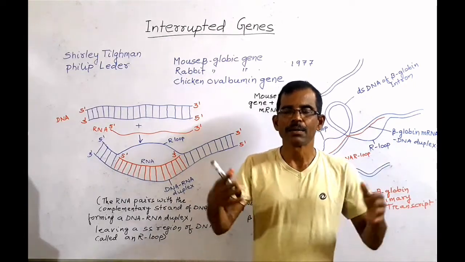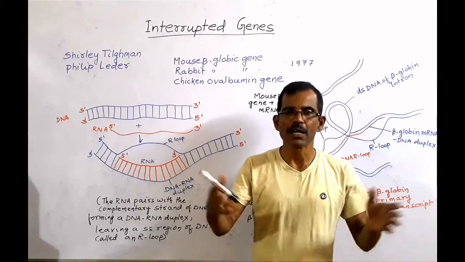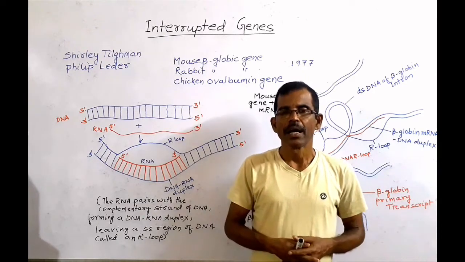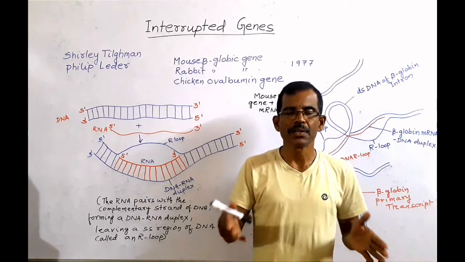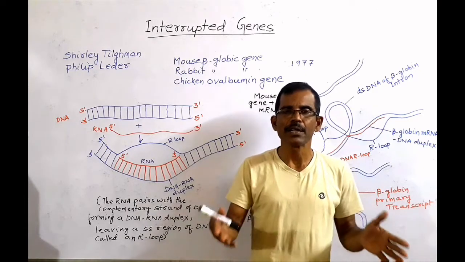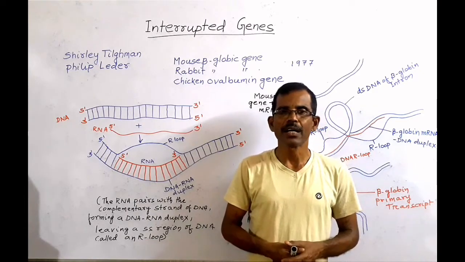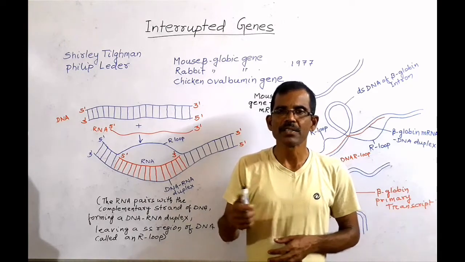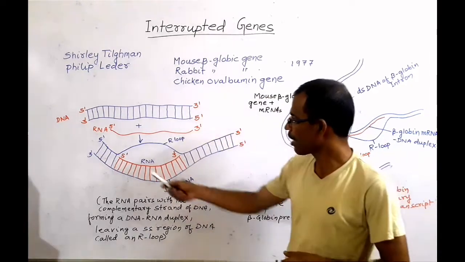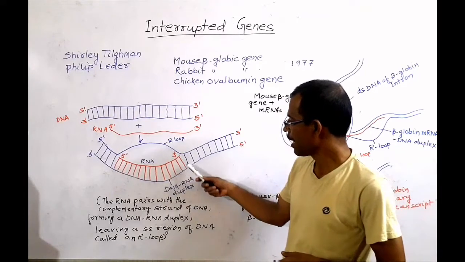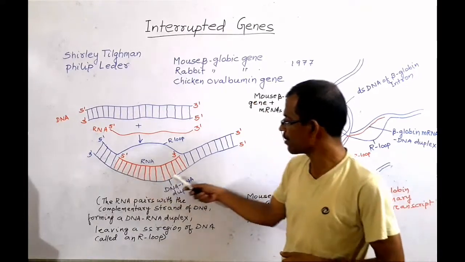So when a double-stranded DNA is partially denatured and incubated with homologous RNA molecules, hybridization occurs between the homologous RNA and the complementary DNA sequence.